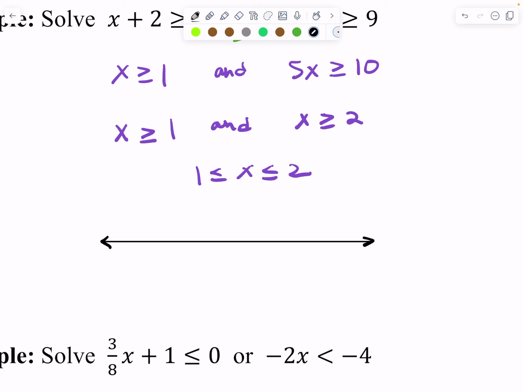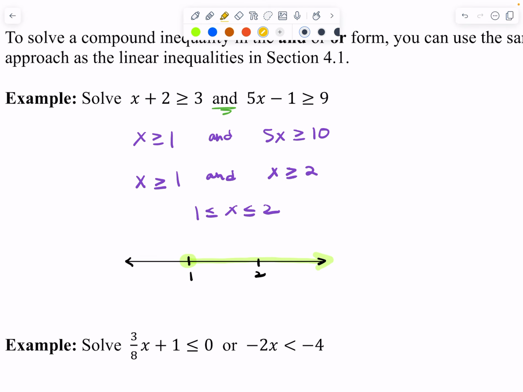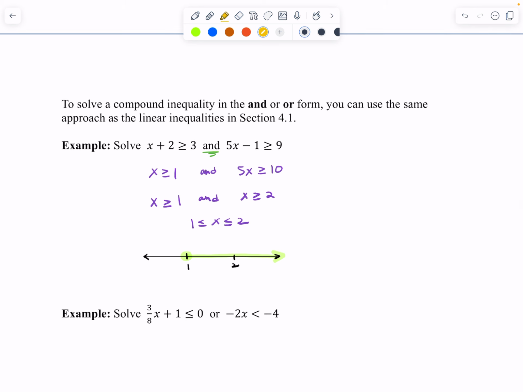Like you could think about, okay, if we have 1 and 2, like looking for the intersection, so x greater than or equal to 1 and x greater than, what happened? Oh, this doesn't make sense.